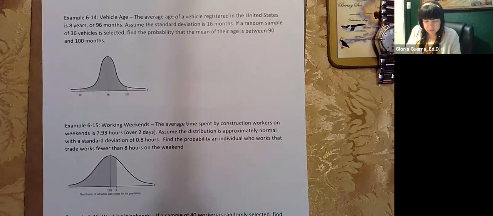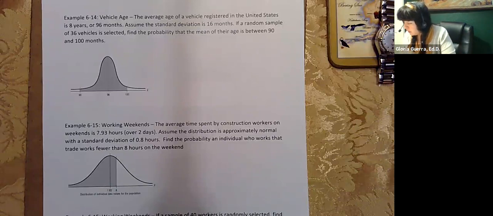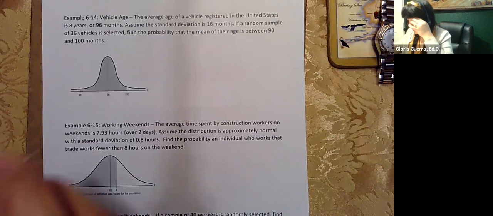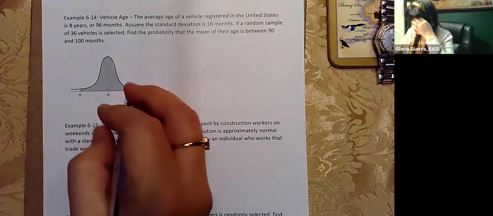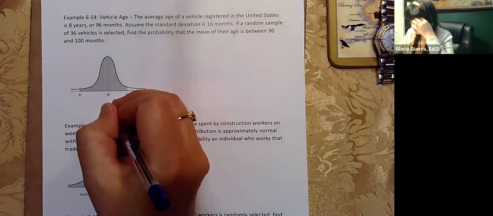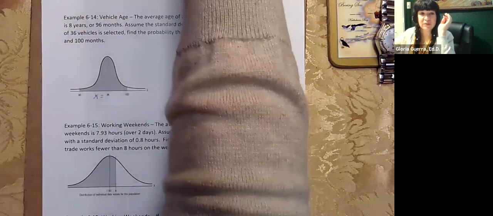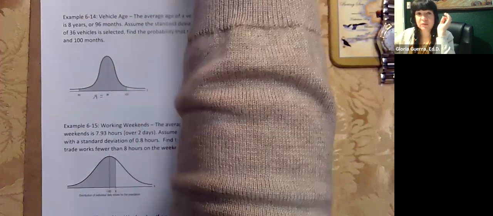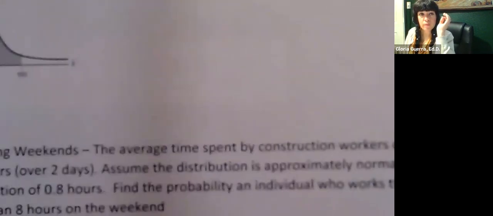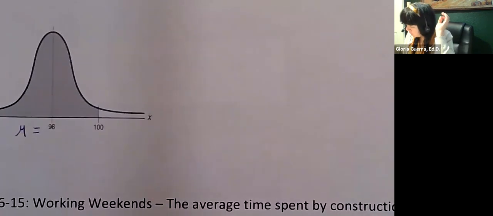This is on page 155, vehicle age. The average age of a vehicle registered in the United States is 8 years. So that's your mu. Notice how it doesn't say 8 here, it says 96.